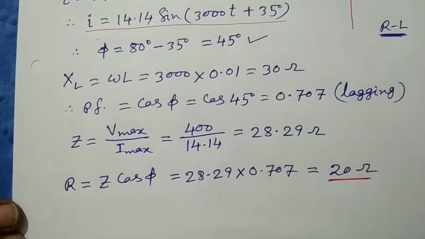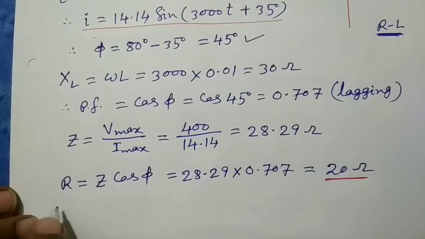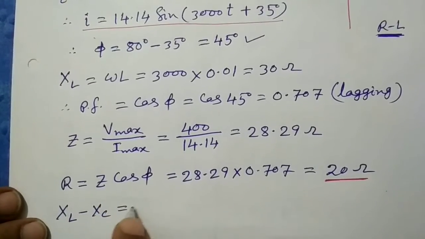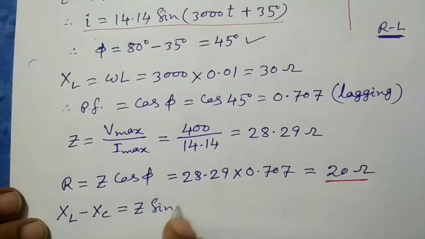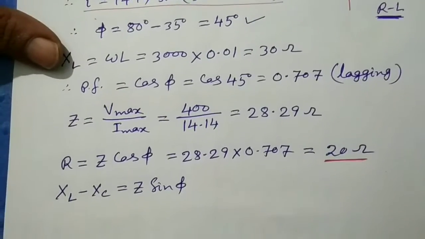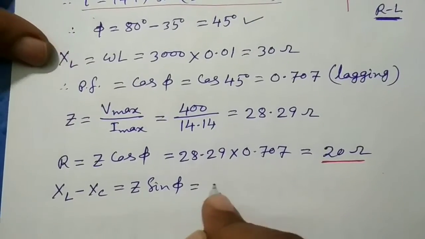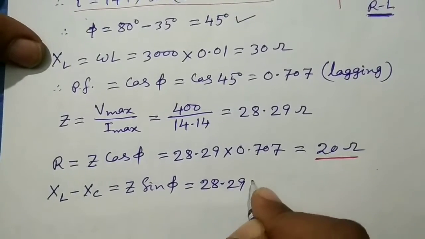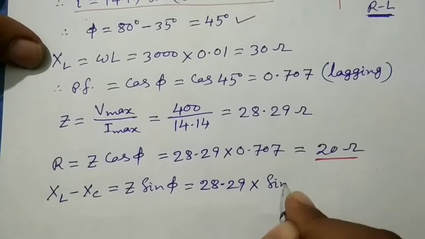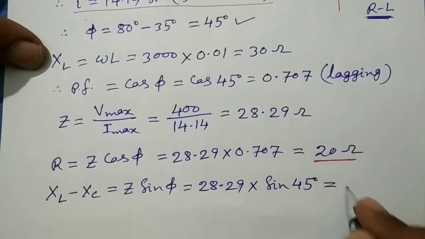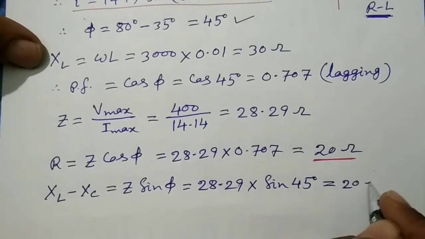Now we also know that the reactance, XL minus XC, is equal to Z sin phi, which can also be calculated from the impedance triangle. Here Z is 28.29 into sin 45 degree, and again this value will be 20.